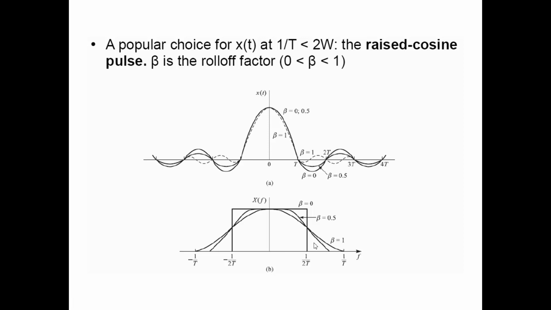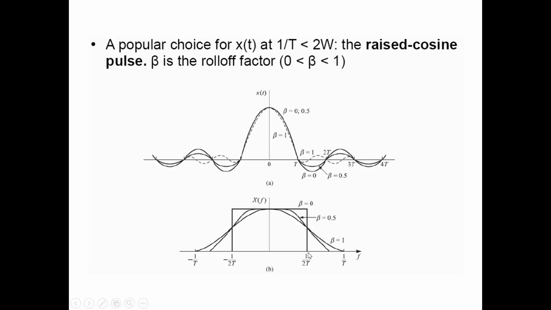So increasing the value of beta will lead to the fulfillment of the Nyquist criteria more appropriately. ISI will be reduced in a great way. That means increasing beta, more ISI going to 0.